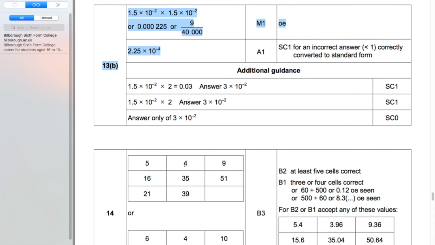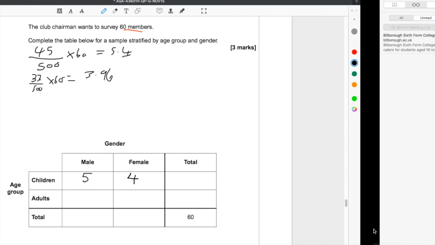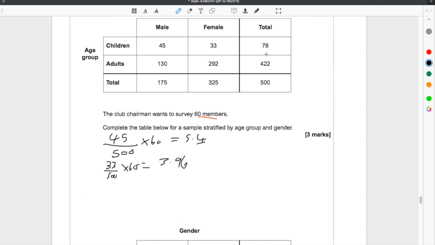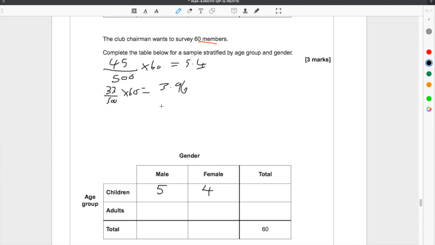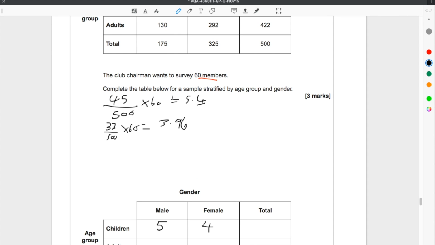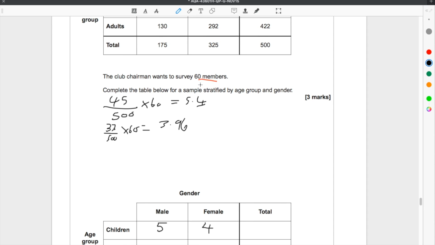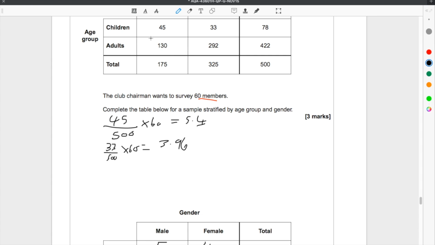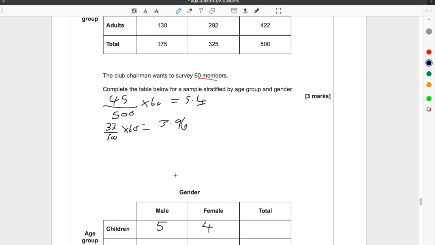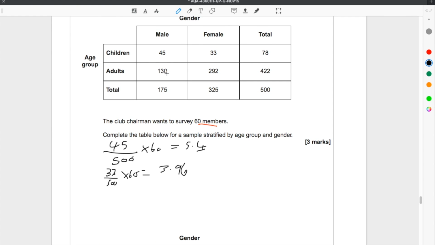So clearly you can see that's what we're doing here. We do the same for each box. So here we'd do 78 divided by 500 times 60, 130 divided by 500 times 60, 292 divided by 500 times 60. So I'm not going to show any more working in the exam. You should show every stage, but for the sake of this video I'm going to now go ahead and complete this table. So 130 divided by 500 times 60.